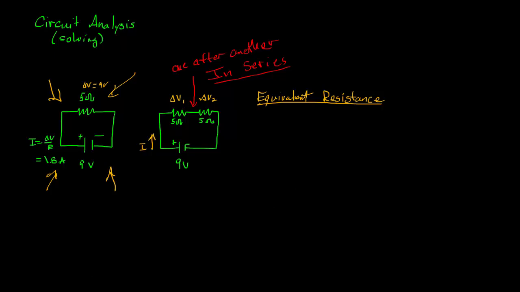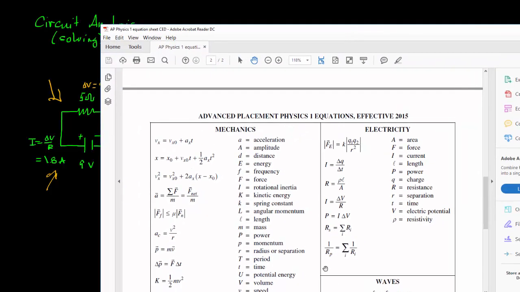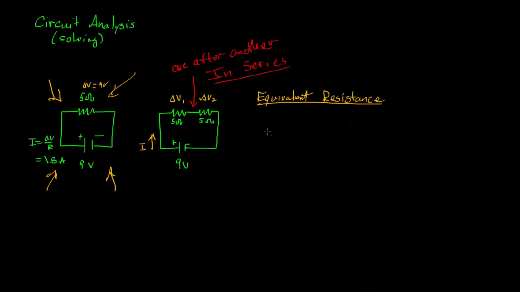Let me show you on the equation sheet. We get these last two right here. The equivalent resistance in series, that's the little s, is equal to the sum of the resistances. So all we have to do is add them up. I'll write it here: the resistance in series is equal to the sum of the resistors.